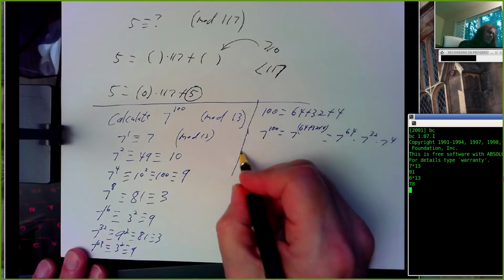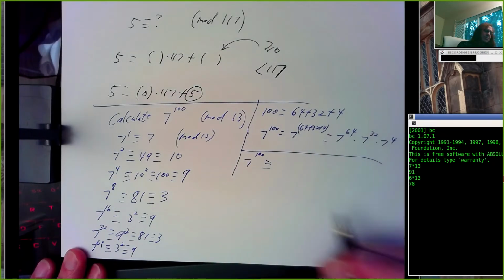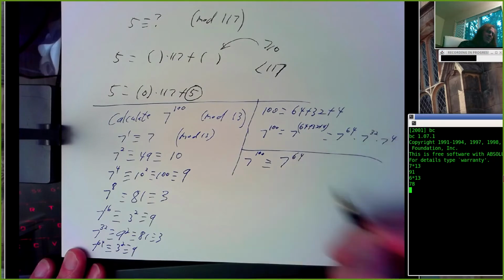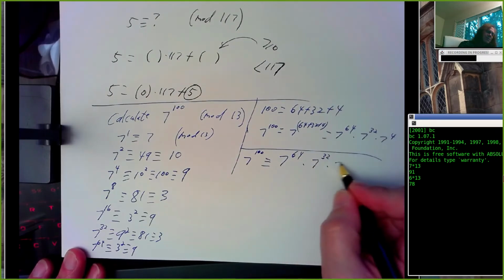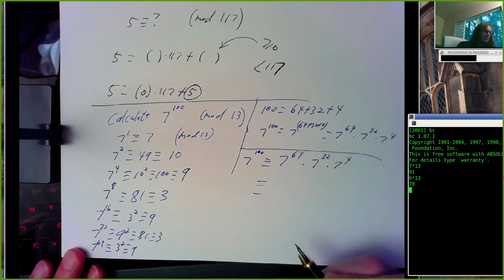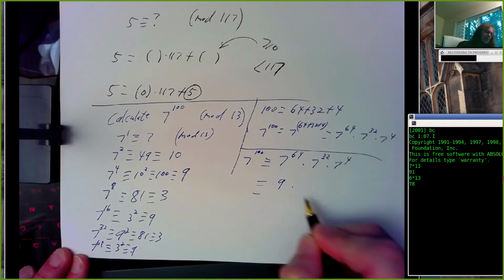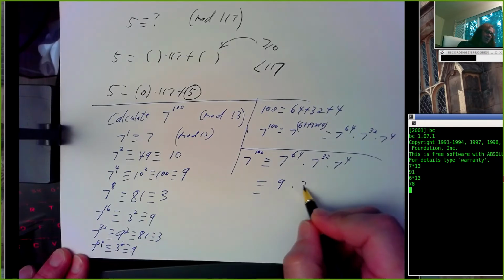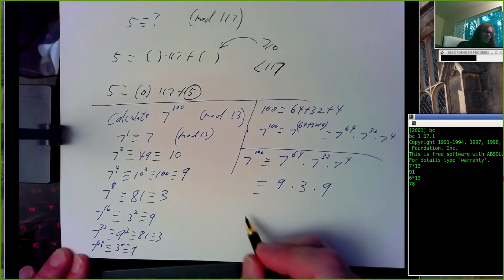And so if I work with congruences, 7 to the 100th will be congruent to whatever 7 to the 64th is congruent to, times 7 to the 32nd times 7 to the 4th. Well, 7 to the 64th we already found was congruent to 9, 7 to the 32 is congruent to 3, and 7 to the 4th is congruent to 9.